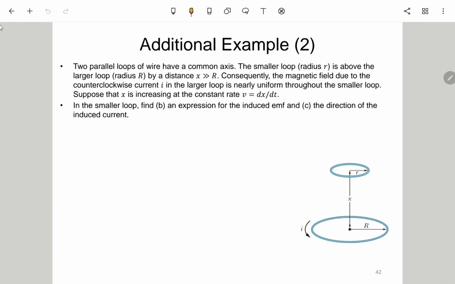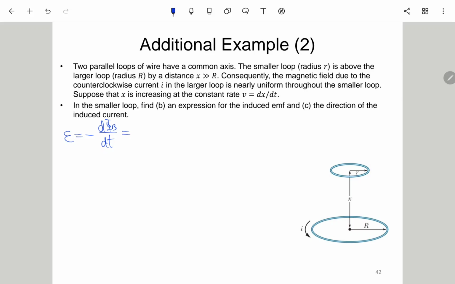For question B, it asks, in the smaller loop, find an expression for the induced EMF and the direction of the induced current. Here we will need to make use of Faraday's law. So E should be negative d phi b dt, and we only have a single term, so the capital N is 1.